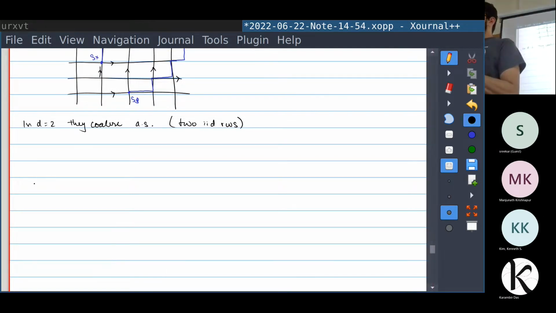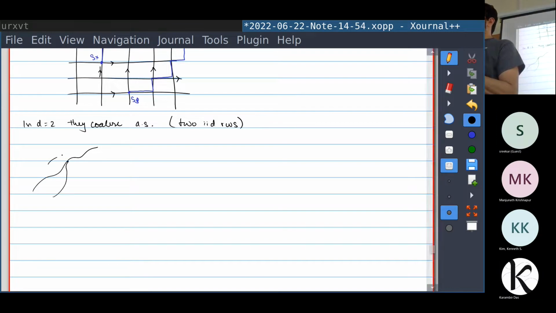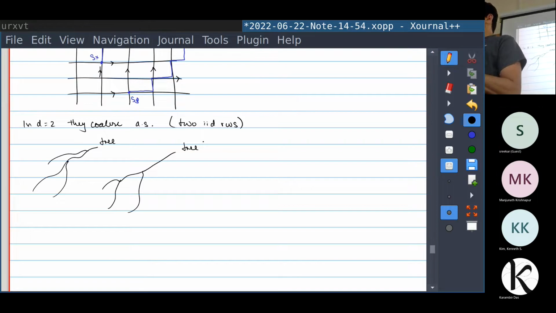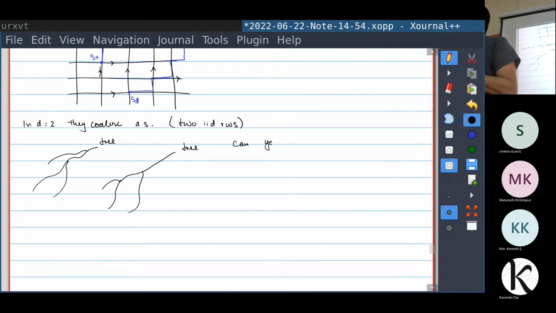There could be other behaviors, like, for example, you have one tree like this, a coalescing tree. You could have another tree like this. And the question is, can you have many such trees?